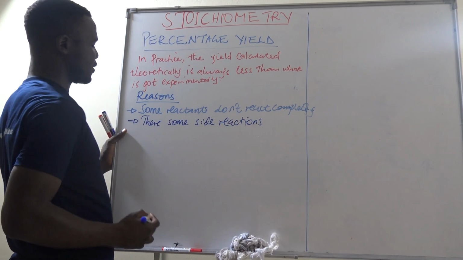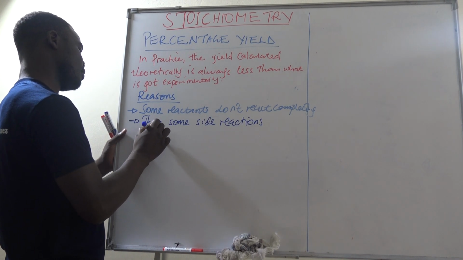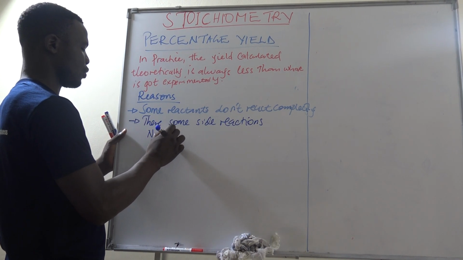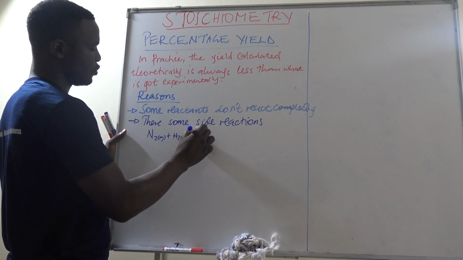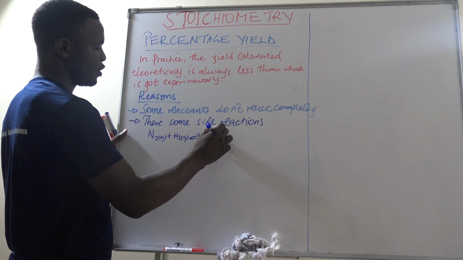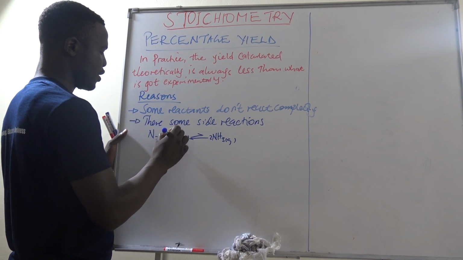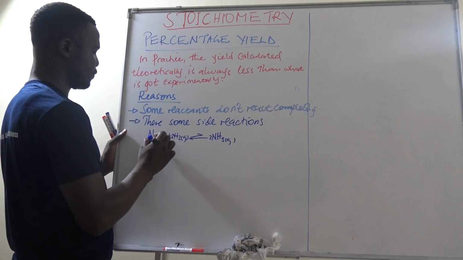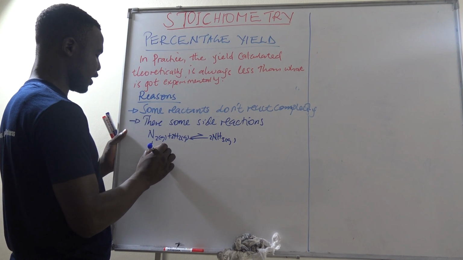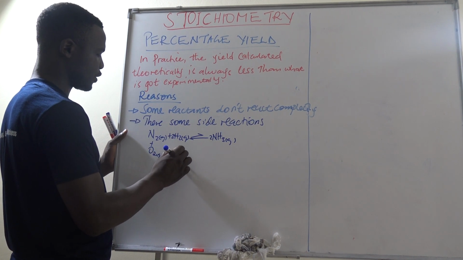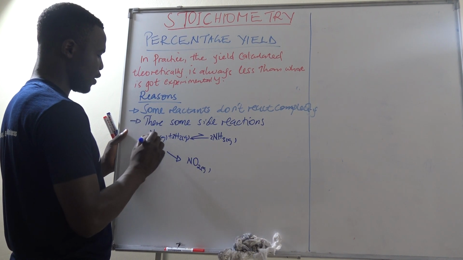Now, what do I mean by side reaction? Maybe, let me say, we are looking at the Haber process, where we are reacting nitrogen with hydrogen to give us the ammonia. It is possible, if this vessel is not closed, this nitrogen can react with oxygen to give us nitrogen dioxide.